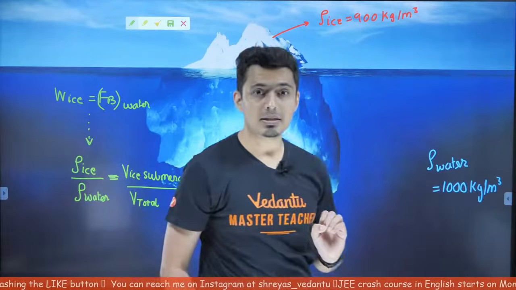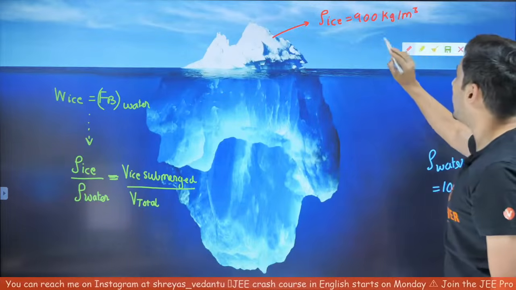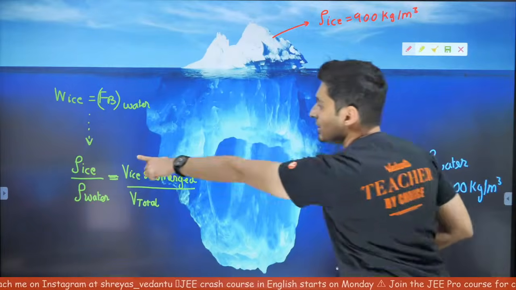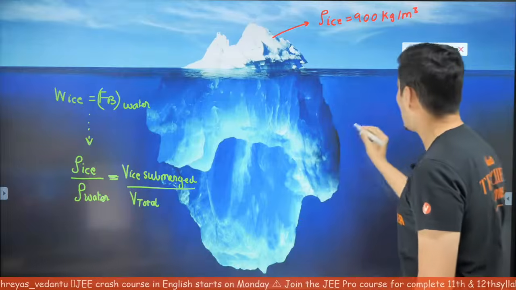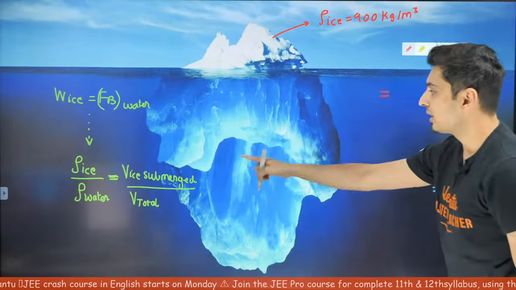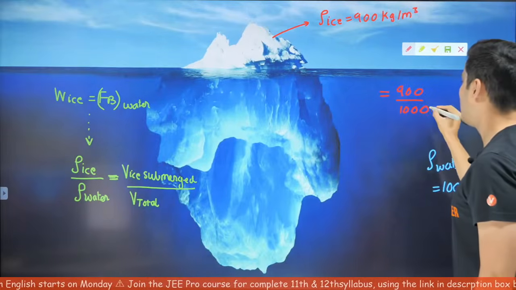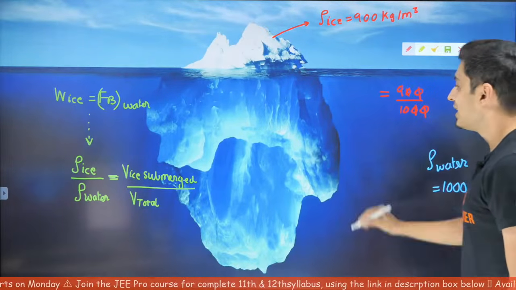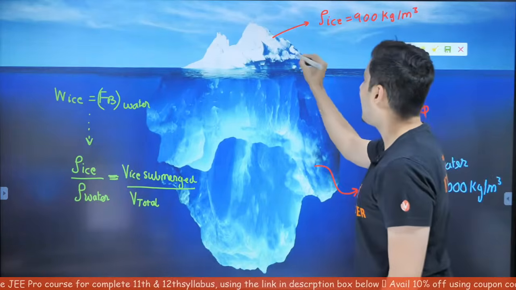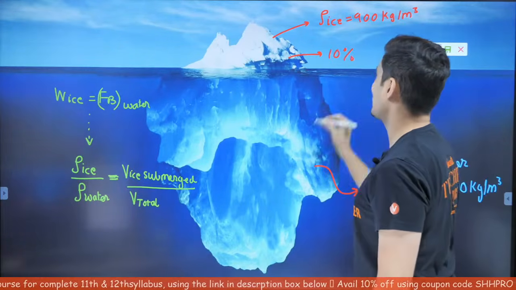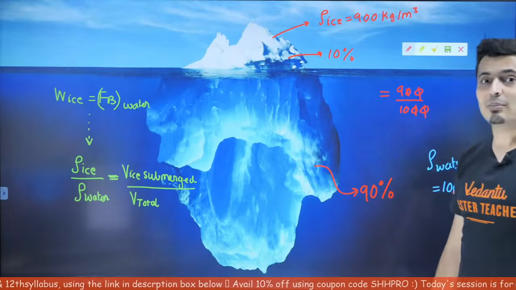That means if you observe here, density of ice is 900, density of water is 1000. This ratio will come out to be 900 by 1000, which is 9 by 10. That means 90% is inside and hardly 10% is outside. That's how you should remember this. And why is it important?